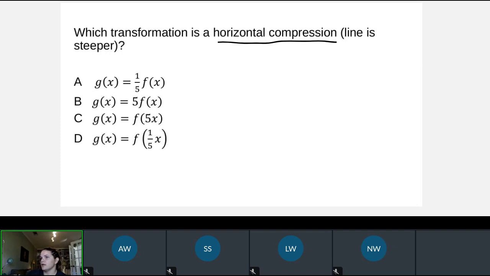And what do you think? Good. There's 4 of you that have answered so far.